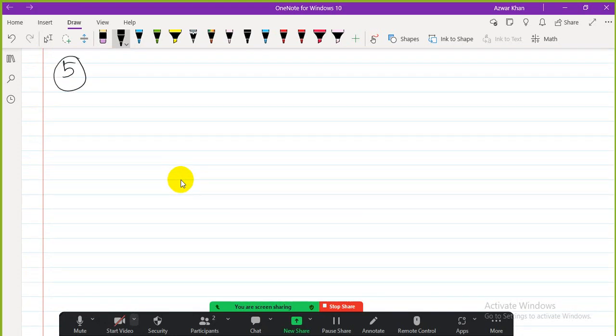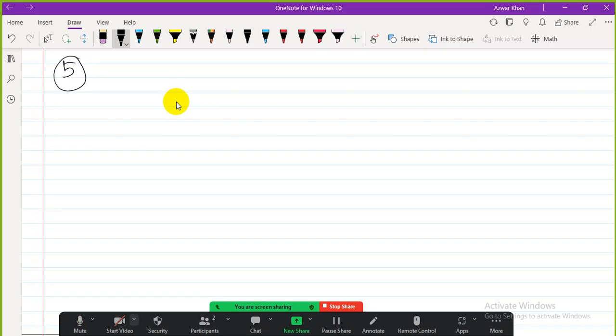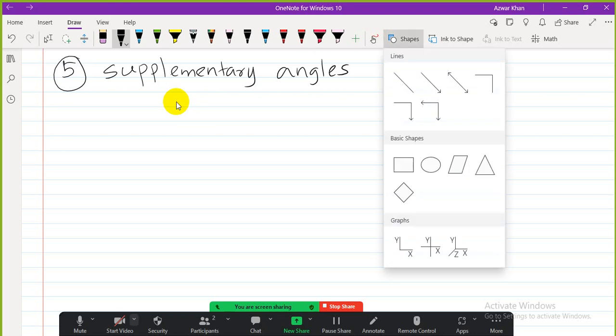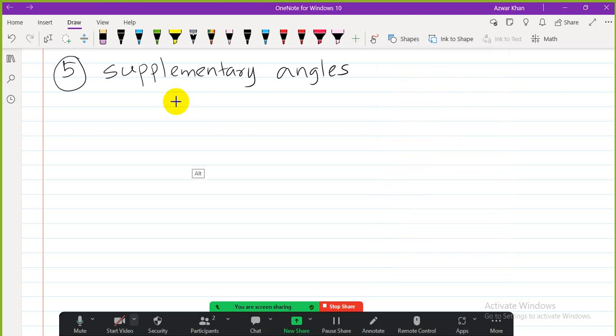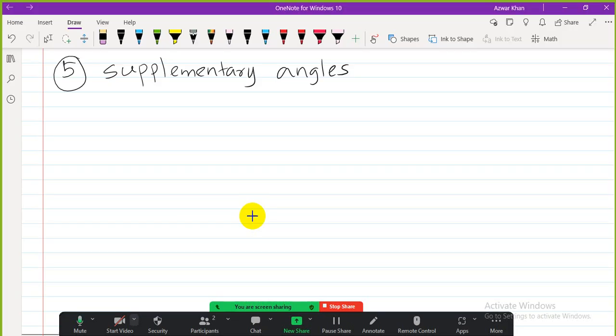Fifth one: the theorem we are going to discuss is supplementary angles. So supplementary angles means what? A pair of angles that add up to 180 degrees.